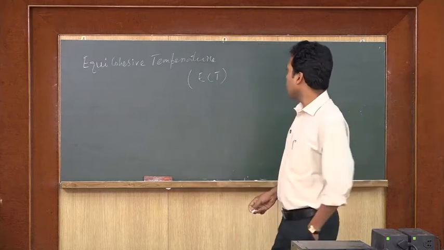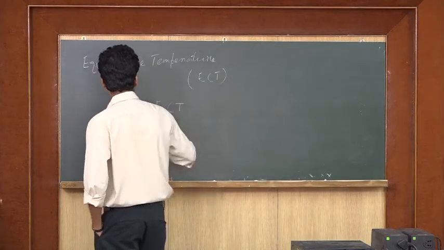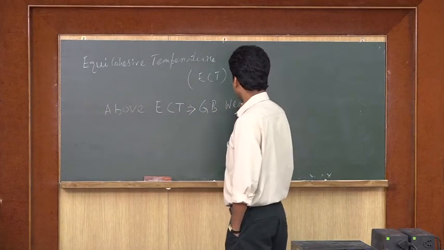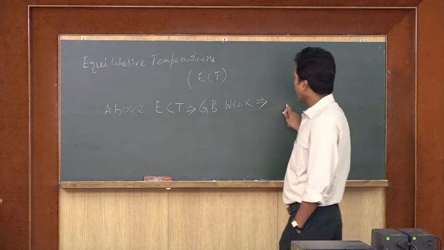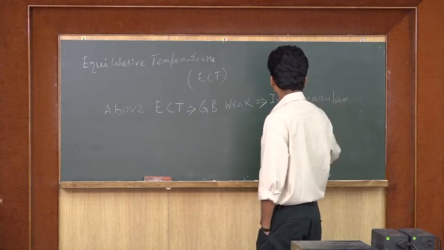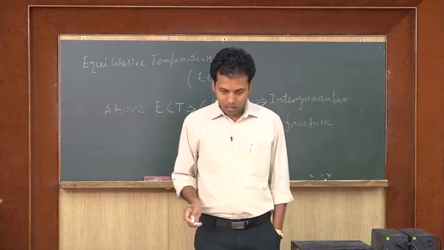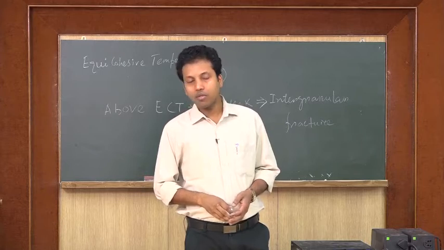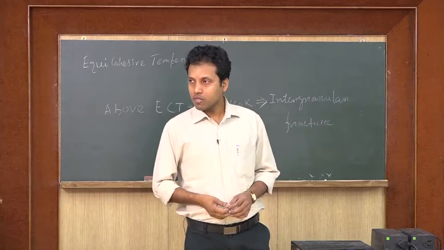So, above ECT, the grain boundary becomes weak, and that is why cracks grow through the grain boundary, and I have intergranular fracture. We have seen earlier what intergranular fracture is, if the cracks grow through the grain boundary.